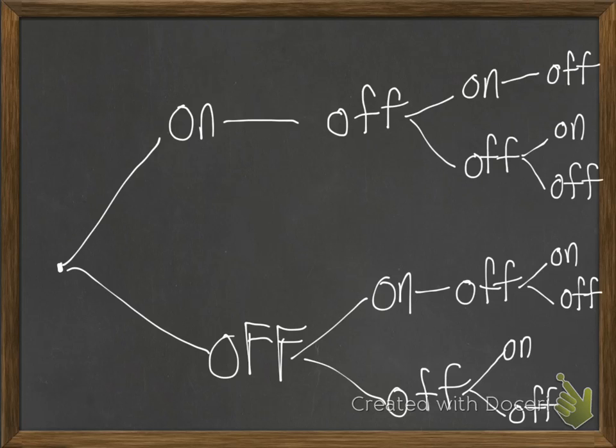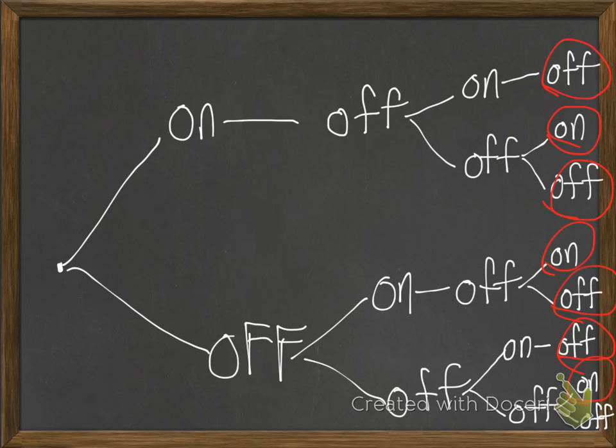But if the 3rd switch is on, as it is in this example here, then it must be off. And again, if it's already off, then we have 2 choices, on or off. So you can see here that we have now a total of 8 outcomes.